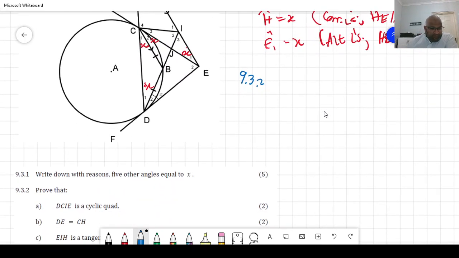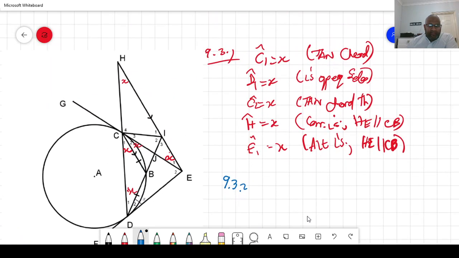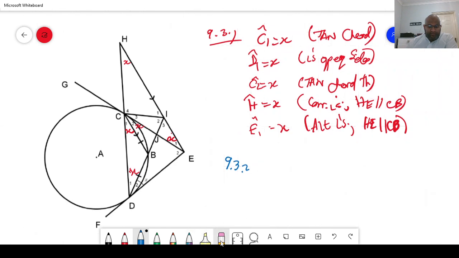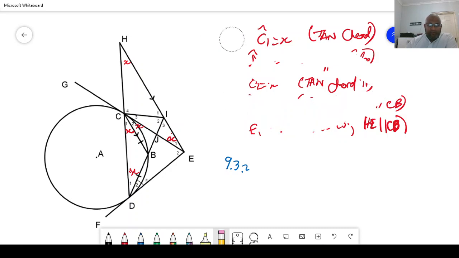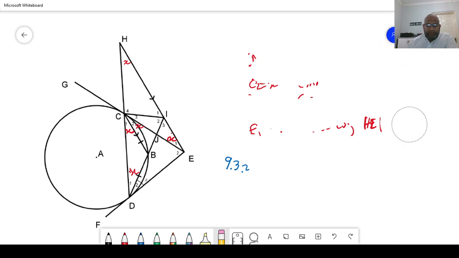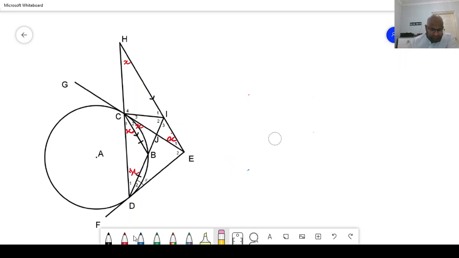So in 9.3.2 there's 3 there, so I'll have to take this off. So now we're looking at 9.3.2a.